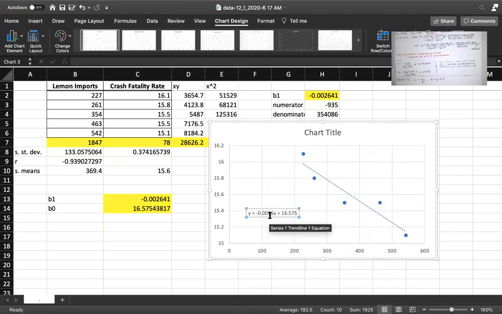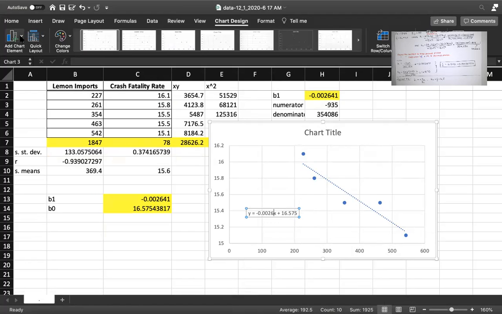Now they only rounded the coefficient of x to 4 decimal places. So that might be a problem if you are using this to come up with your regression line, especially if MyLab Statistics is asking you to round to 6 decimal places. In that case, we might have to use the formulas.